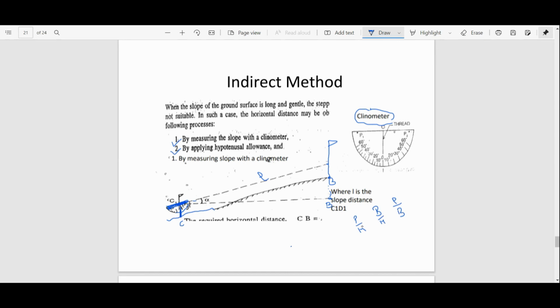Because we have to calculate the base, we use this formula: cos theta is equal to base over hypotenuse. Okay, so in this case, what is CB?